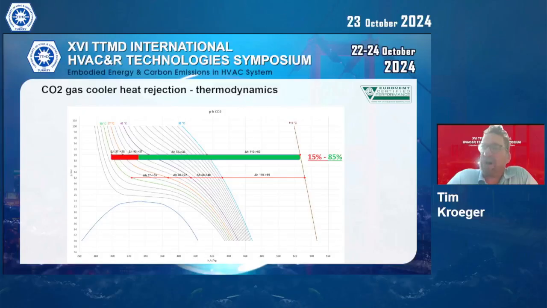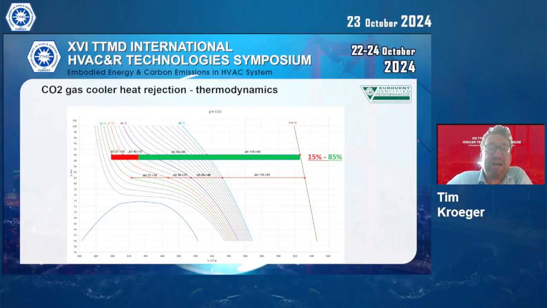And then the red bar represents a reduction in enthalpy, a heat rejection at a relatively low temperature differential, here from 40 degrees to 35 degrees. So once again, the differentiation between green and red is completely arbitrary, but we have 85% at a high temperature differential, and 15% at a low temperature differential.